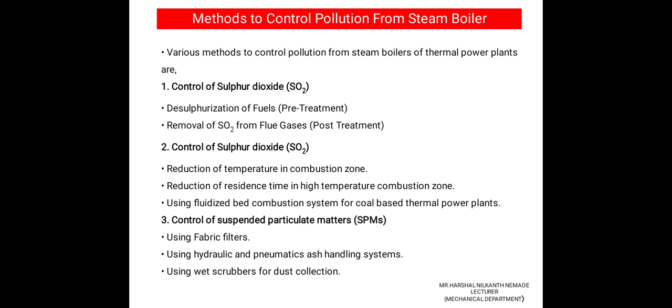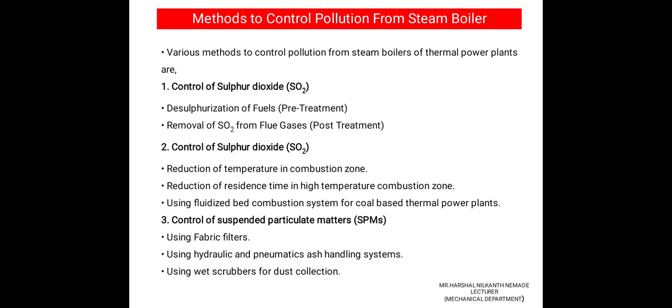Methods to control the pollution from the steam boiler. Various methods to control the pollution from the steam boiler of thermal power plants are: control of sulfur dioxide, SO2: desulfurization of a fuel, pre-treatment, removal of the SO2 from flue gas, post-treatment.